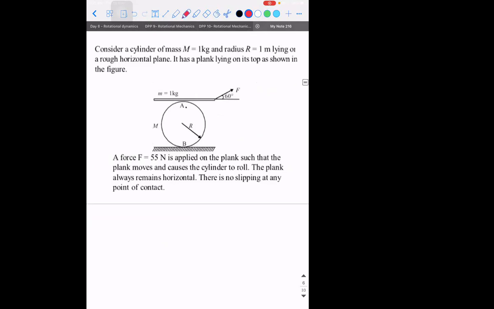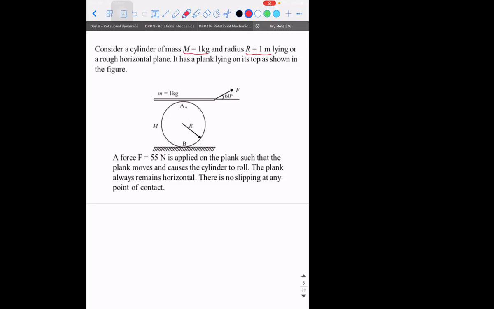Any idea how to proceed? So they are saying the plank is moving horizontal. But due to what? Due to the friction existing between whom?